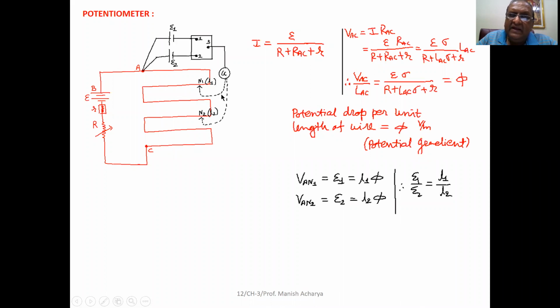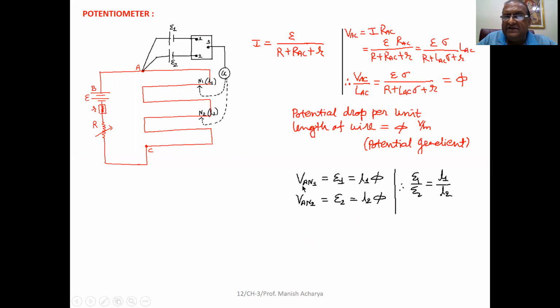And when you are getting the null point, through the galvanometer the current is not flowing, so through the cell the current is not flowing. So whatever potential difference is obtained here between the two terminals A and N1, which is L1 into phi, is exactly equal to the EMF of the cell.